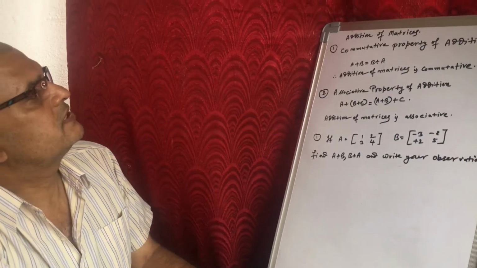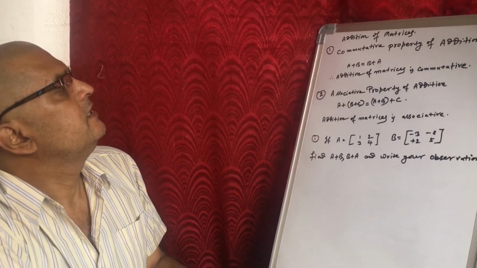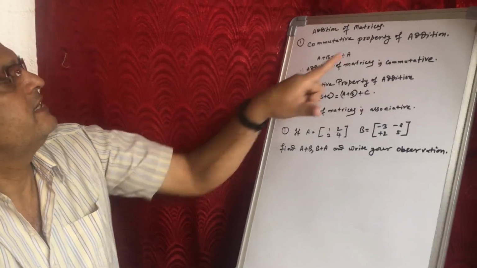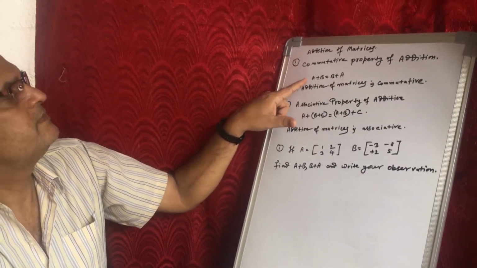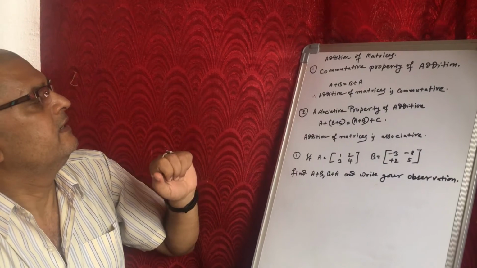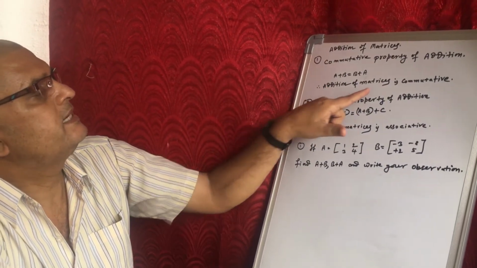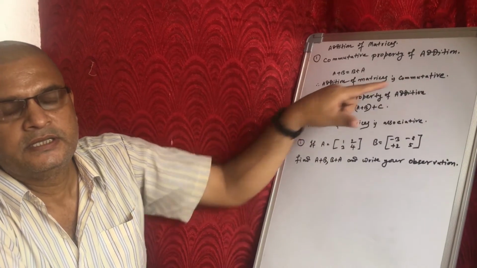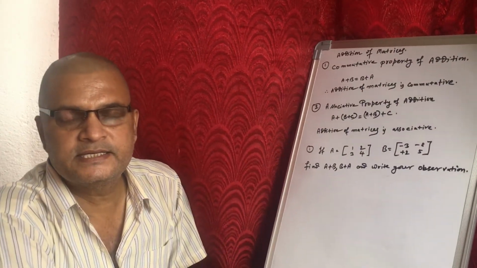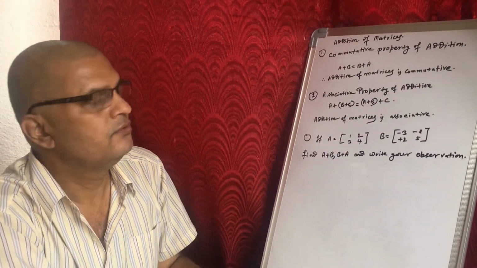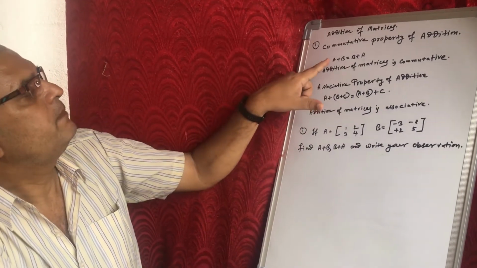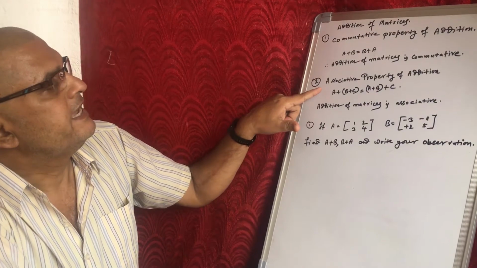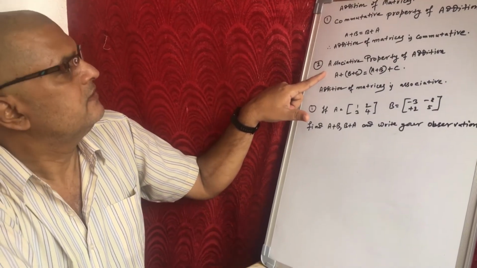Now I am going to discuss the commutative property of addition. That is A plus B is equal to B plus A. Addition of matrices is commutative because A plus B is equal to B plus A. Now see the associative property of addition.